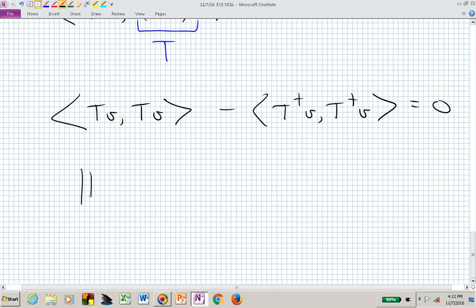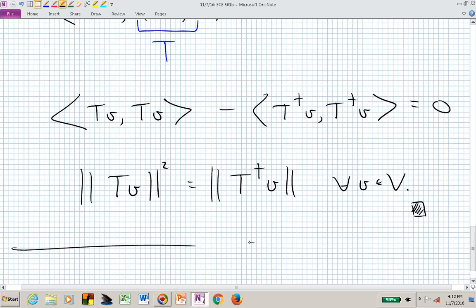Or we now have the norm squared of TV minus the norm squared of T dagger V. Let's just put that one on the other side, and we can now say that the norm squared of TV is the same as the norm squared of T dagger V for all vectors in our vector space.